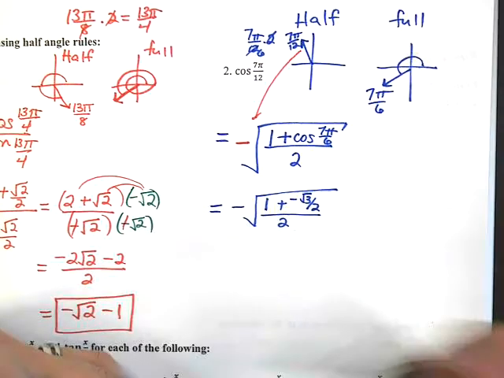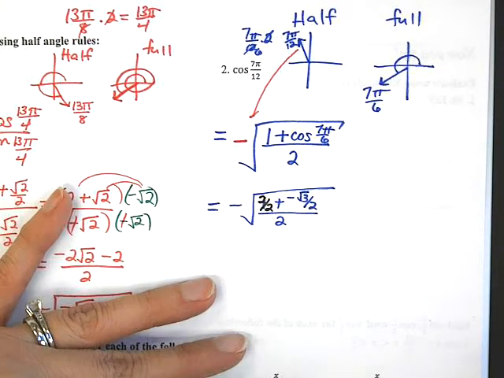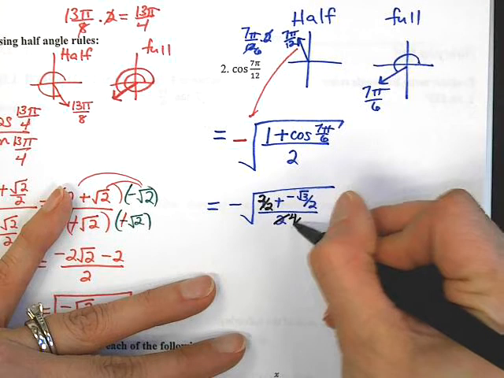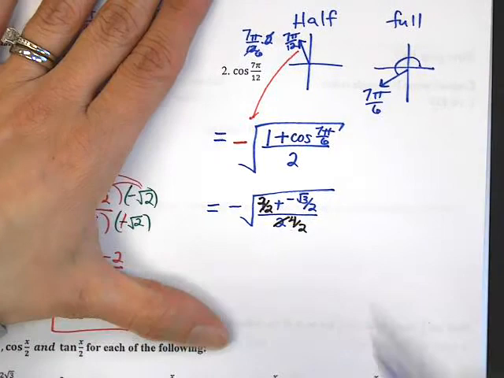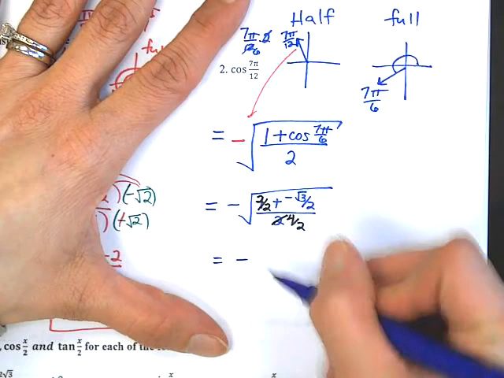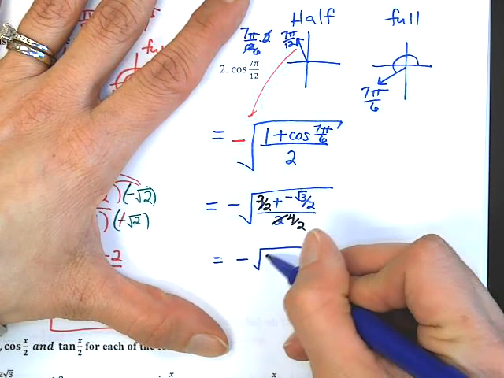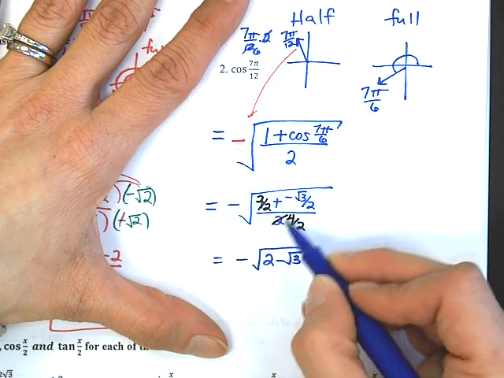I'll write the 1 as 2 over 2. How should I write that 2? Let's write that as 4 over 2. Why am I making so many 2's? All the denominators cancel. So we have negative square root of 2 minus radical 3, and that's over 4.